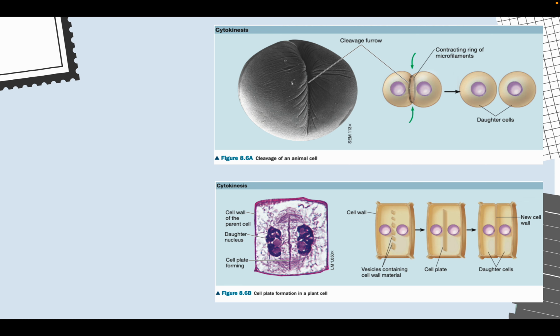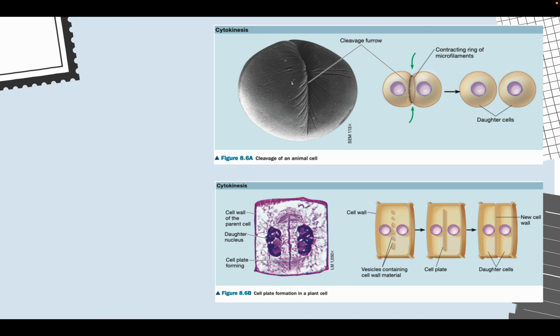Okay? So these differences reflect the unique characteristics posed by the presence of a cell wall in plants and the absence of a cell wall in animal cells. So in animal cells, cytokinesis involves a process of cleavage, the cleavage furrow. Okay? The cell membrane pinches inward to divide the cell into two daughter cells.